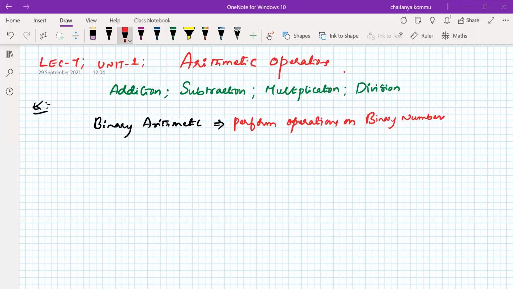Is it clear to all of you? So the next one is called integer arithmetic, which means that we perform operations on any radix. As simple as that.